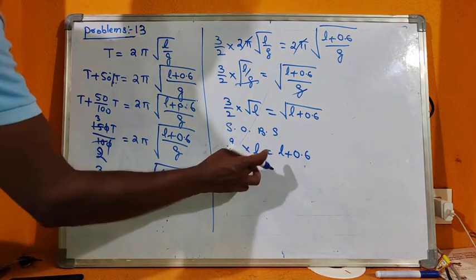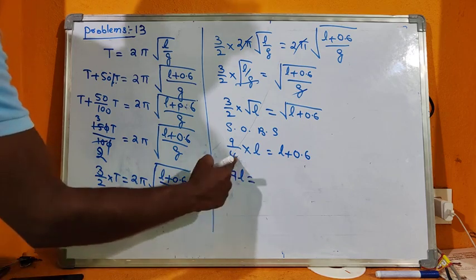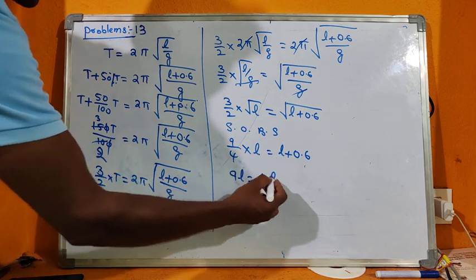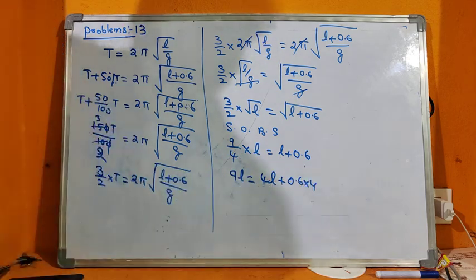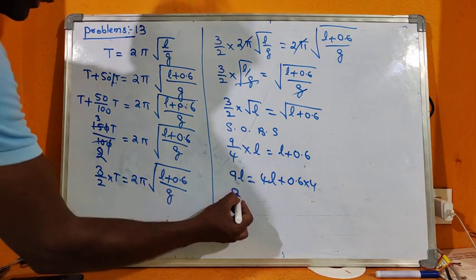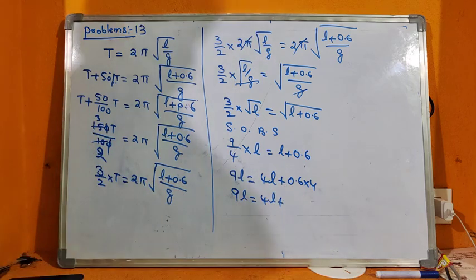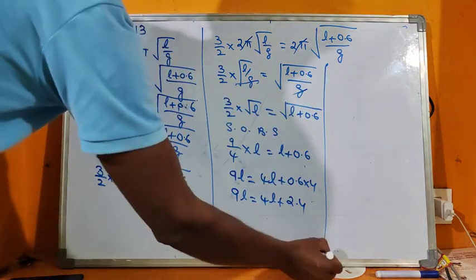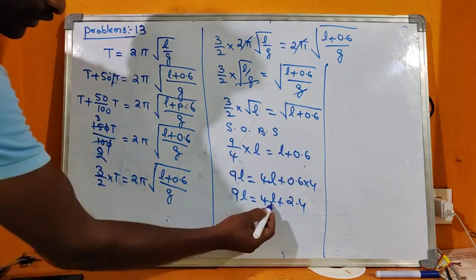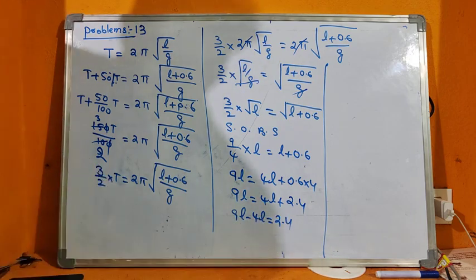By cross multiplication, 9L is equal to 4L plus 0.6 into 4, that is 2.4. Taking 4L to this side, 9L minus 4L is equal to 2.4.